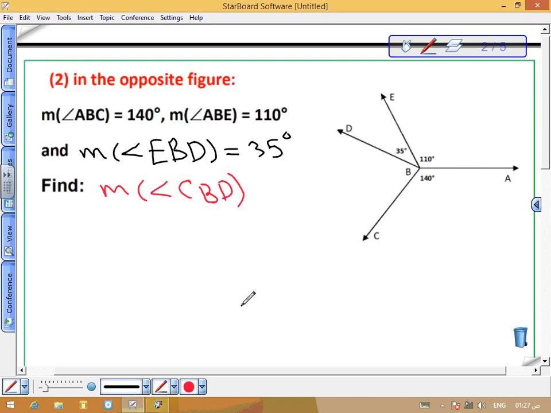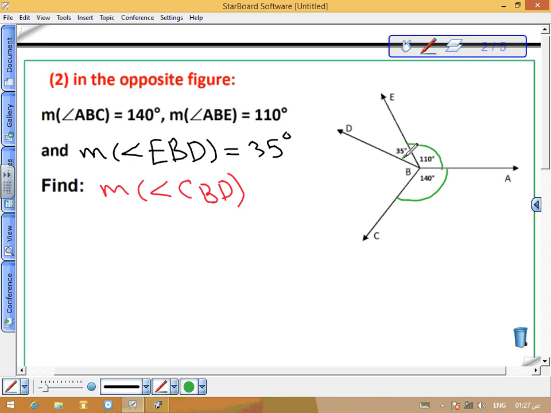Example 2. In the opposite figure, measure of angle ABC equals 140 degrees, measure of angle ABE equals 110 degrees, and measure of angle EBD equals 35 degrees.